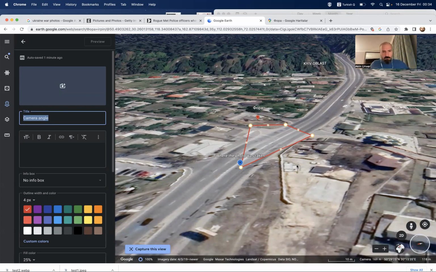So I'm going to give you two images on the LMS. What I want you to do is try to locate them. And when you're locating them, I want you to write a very short essay.